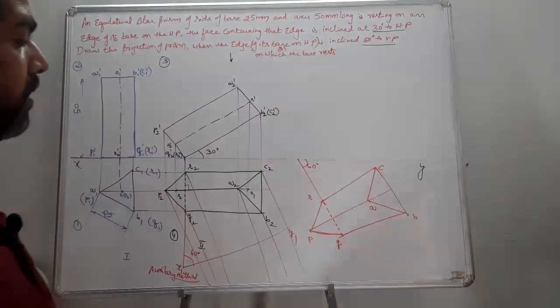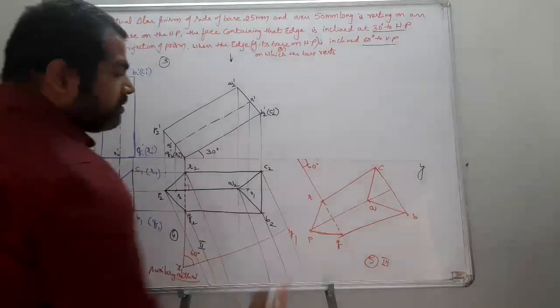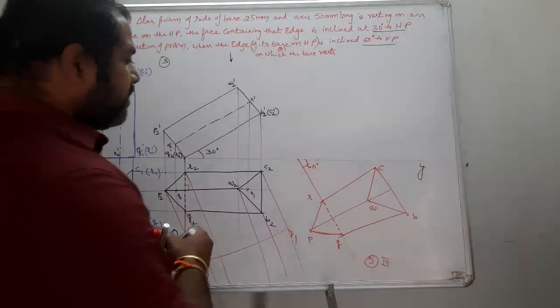So it is tilted in such a way that this RQ comes on the 60 degrees line. Next, simply draw the vertical projectors from here.